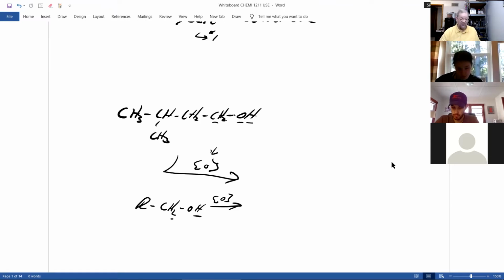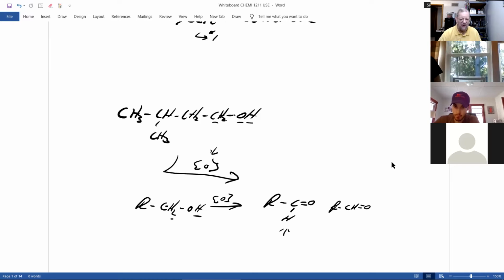You lose the hydrogen from this carbon with the hydroxy group and the hydrogen from the hydroxyl group, and you form a carbon-oxygen double bond. I like to write it this way. If you like to write it this way, that's okay also. I just think this looks cooler, and it is in my mind.